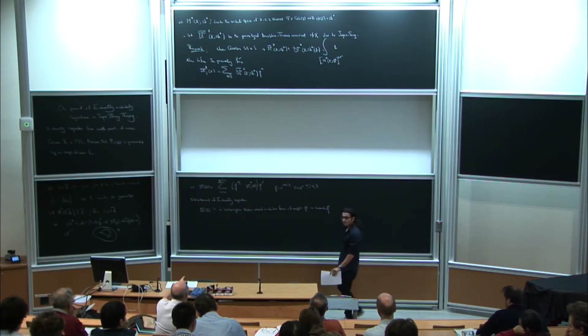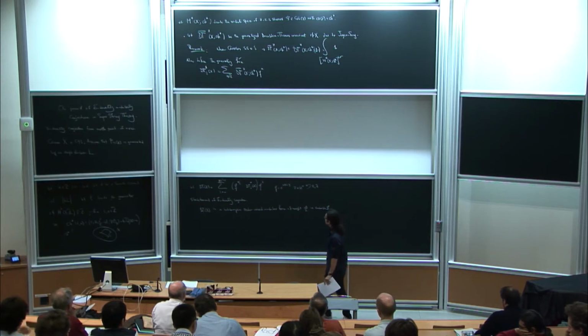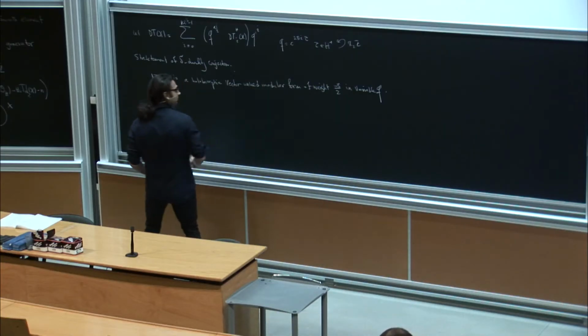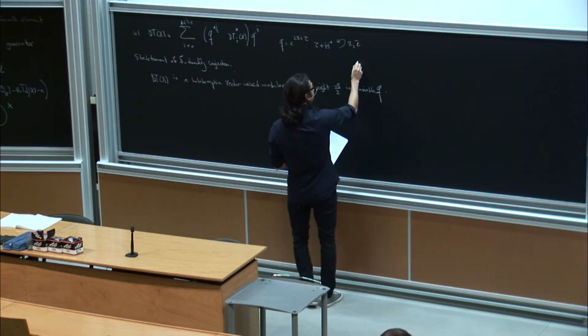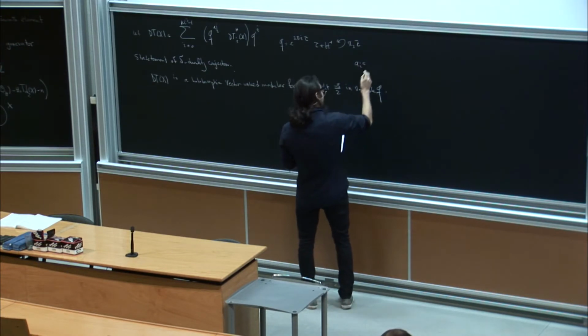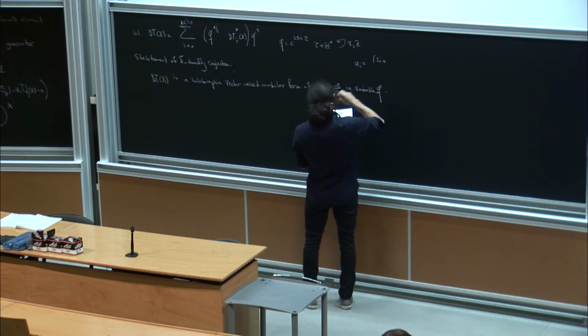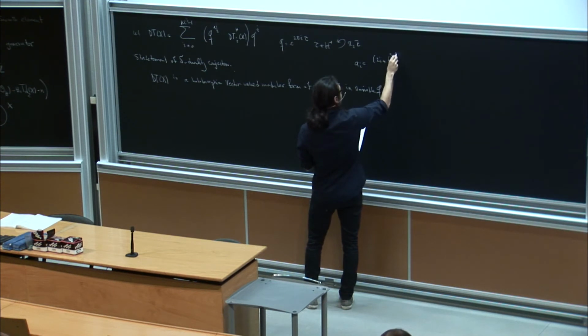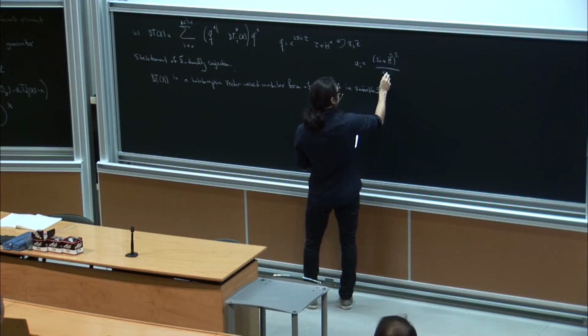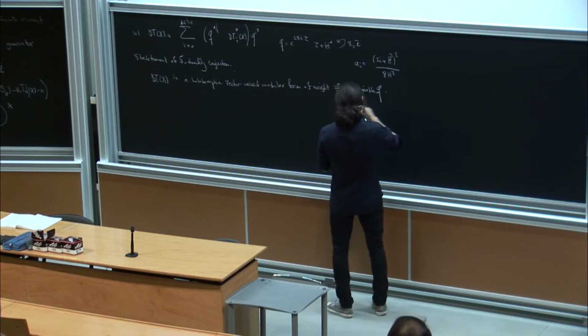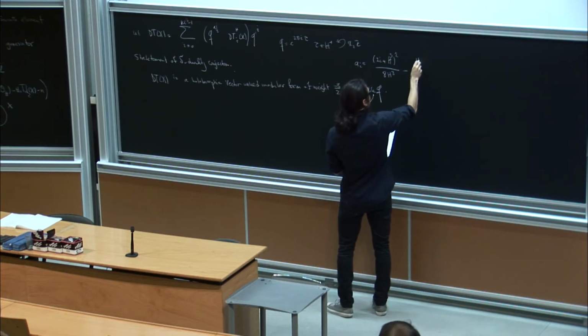Could you remind me what the exponents a_I are? Sorry, yeah, the a_I's. So the a_I's are, I forgot, thank you. So 2I plus h cubed over h, 8 times h cubed minus this.